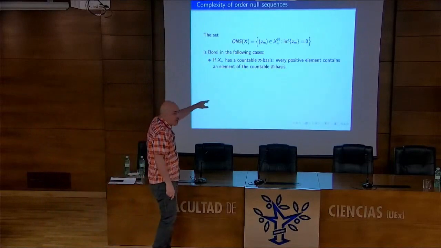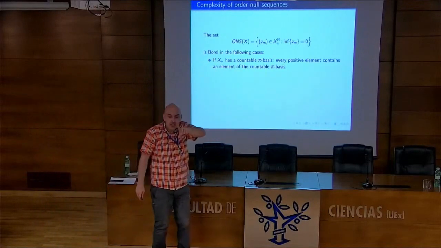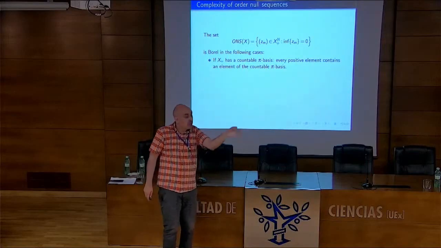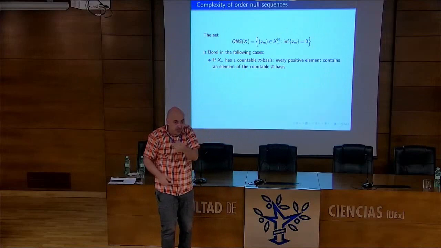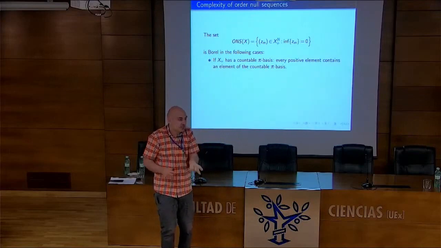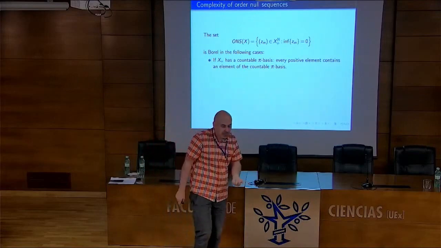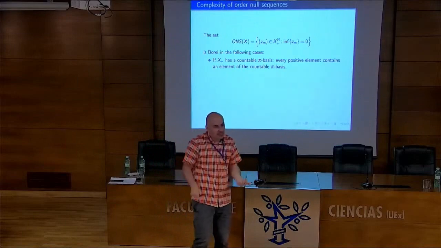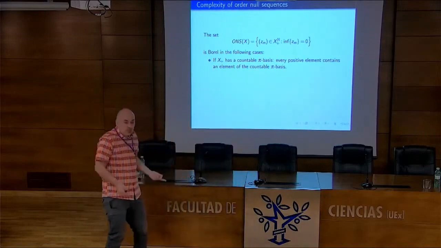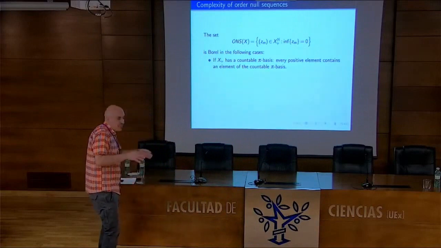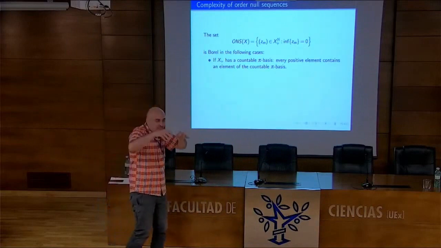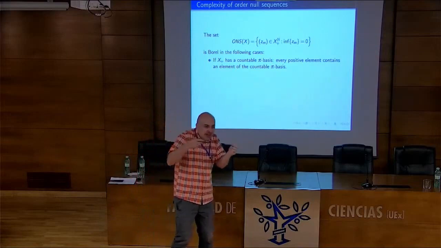This countable pi basis typically happens in spaces of sequences, because the unit vectors, their rational multiples, are below any other vector. You don't have a countable pi basis in things like measurable functions, in big L1.